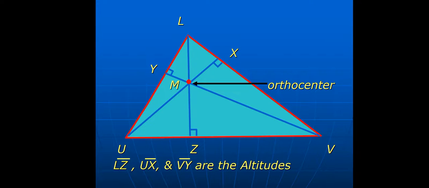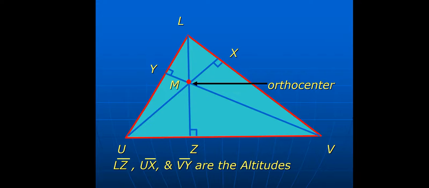Start tayo sa LZ. Yung vertex L, dun tayo nag-start, at nag-straight siya sa Z, kasi yun yung opposite side niya, which is tama kasi nakagawa tayo ng 90 degrees.